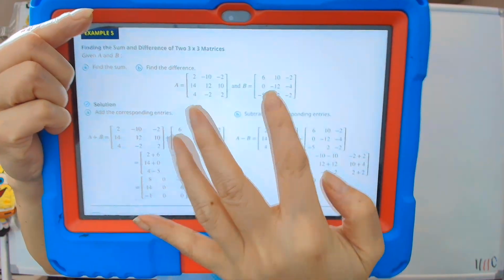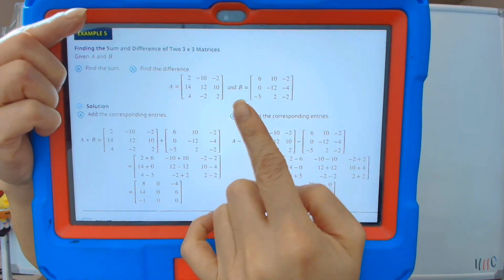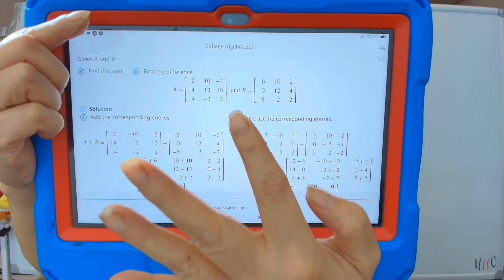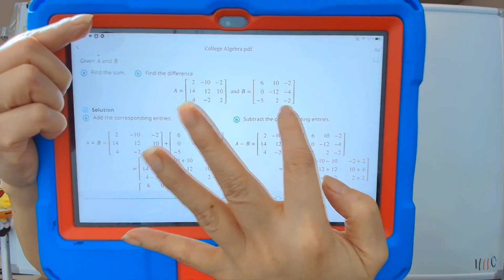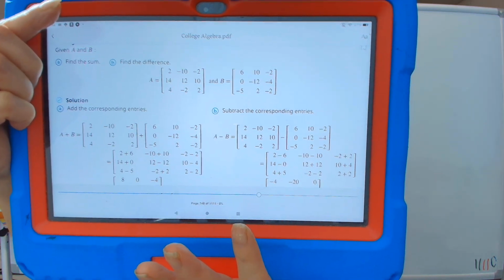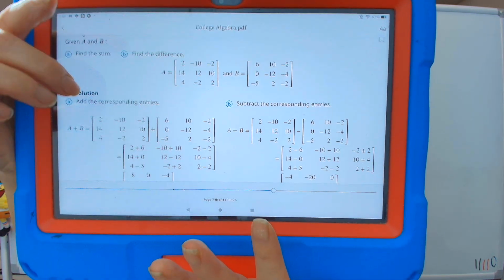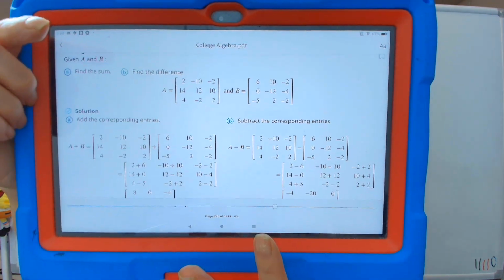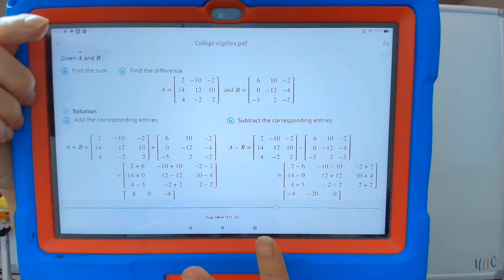See, 2 will be added to or subtracted from 6, and 14 from 0, and so on. And finally, this 2 here will be added to or subtracted from that 2. So everything is added or subtracted, depending on what you're doing, with its corresponding partner, so to speak. And then that will be the answer.